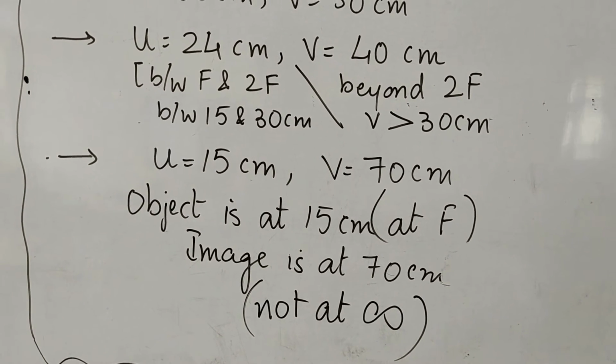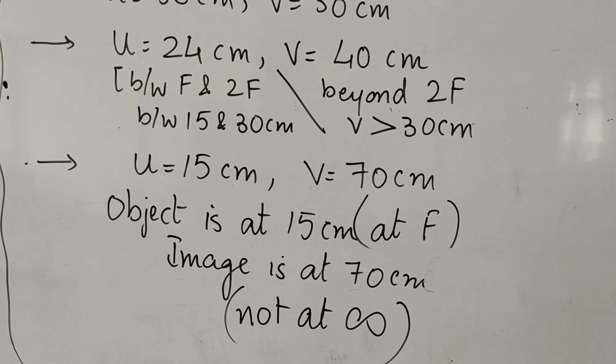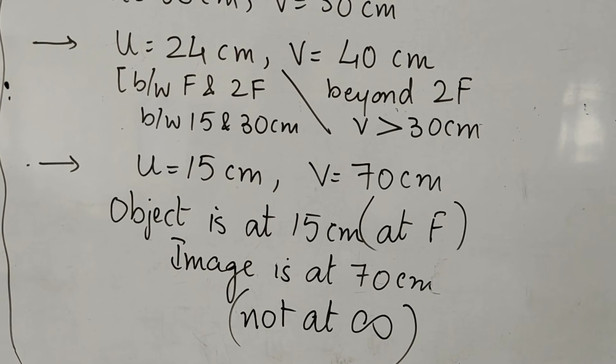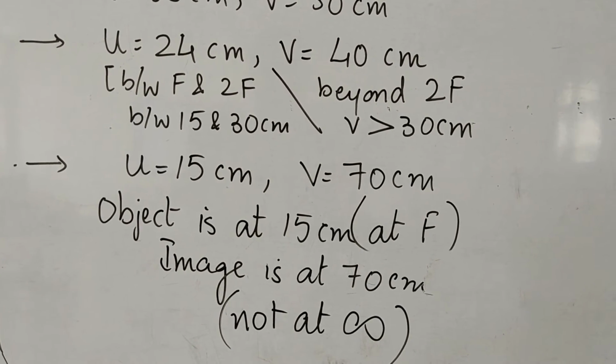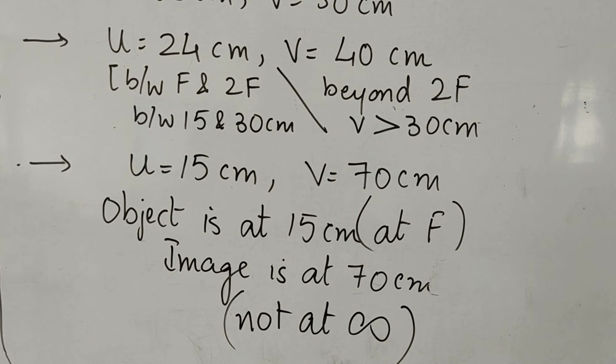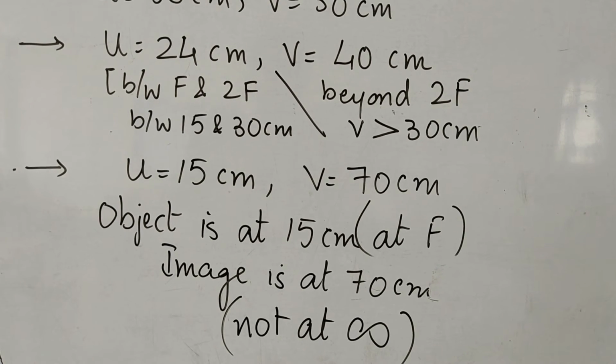Now the last option is U is 15 centimeters, V is 70 centimeters. Sorry, again, the last set of observations. So the object is at 15 centimeters. We know the focal length is 15 centimeters. It means the object is placed at F. And in this case, in the case of a convex lens, the image is formed at infinity.